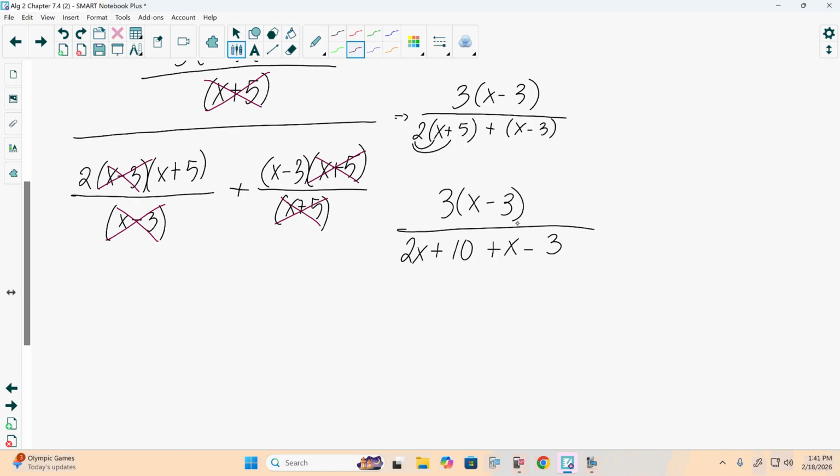Since it's the only term on top, unlike the denominator, where we had 2 sets of parentheses, that addition, that combining like terms. All right, guys. Since we have that combining like terms on bottom, we have to multiply it out so that we can combine the like terms. On top, because there are no like terms, there's nothing to combine, nothing to simplify. There's no reason to multiply the 3 out because we're going to have to factor it right back out.